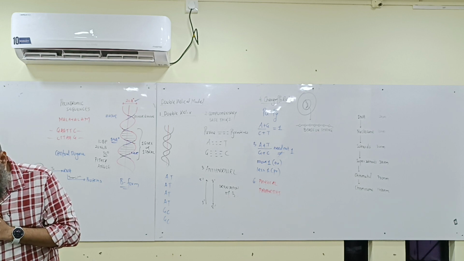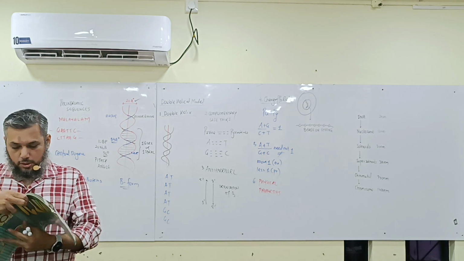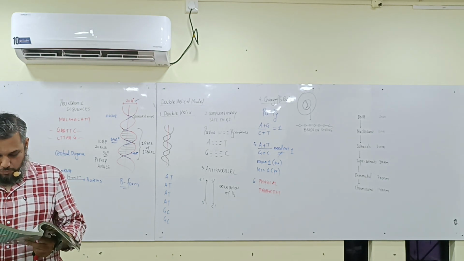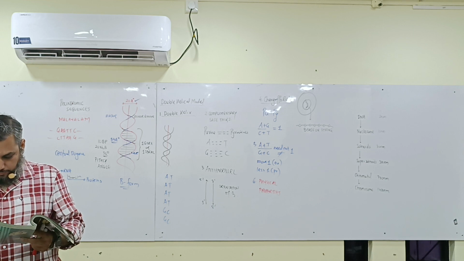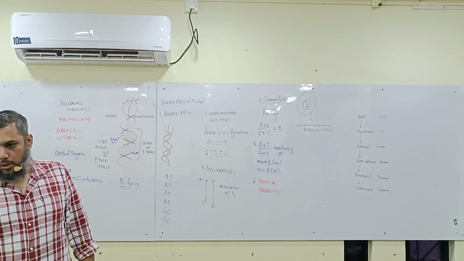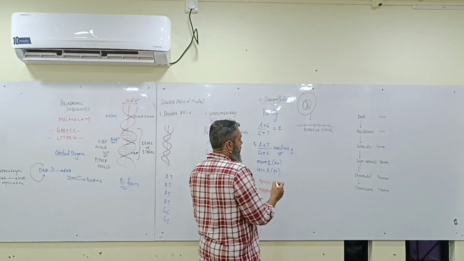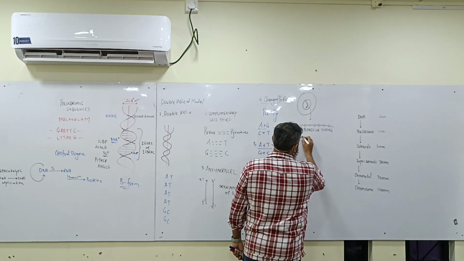See figure 6.4b. Is it showing the presence of beads on a string-like structure? Yes or no? Ayana? These are the nucleosomes in the chromatin.